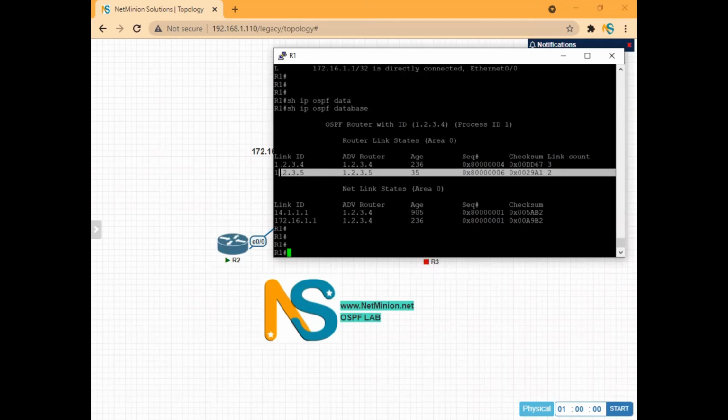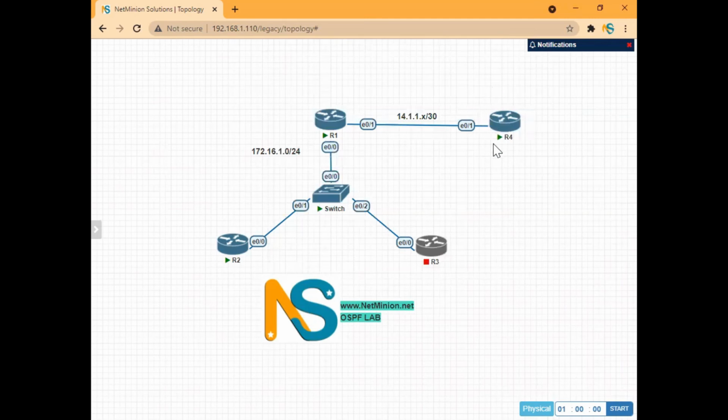It will detect that there is some duplication, and it will prefer only one. In this case, which is the preferred one? The preferred one is R4, by some algorithm. So this is getting preferred, and by that, only 4.4.4.4 is learned by your R1, but 2.2.2.2 is not learned.